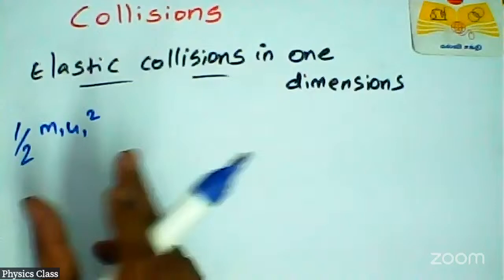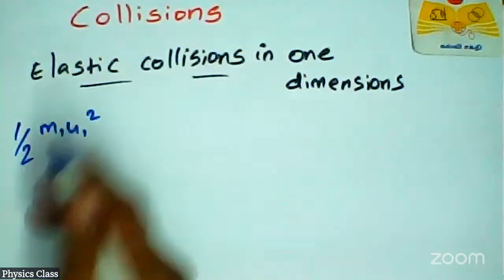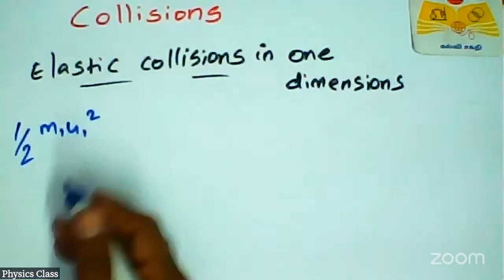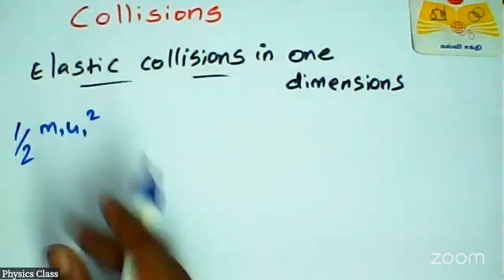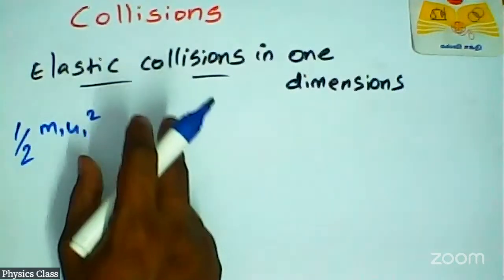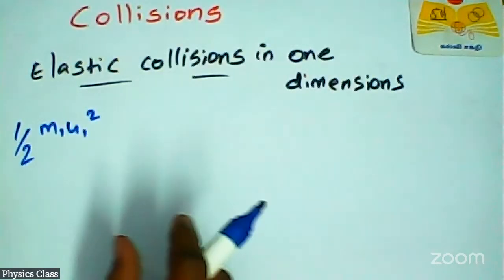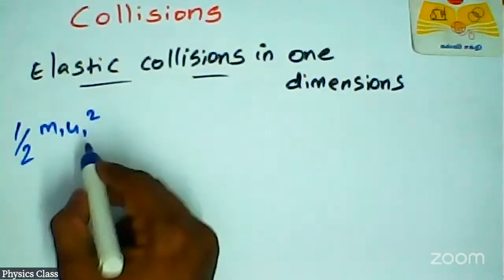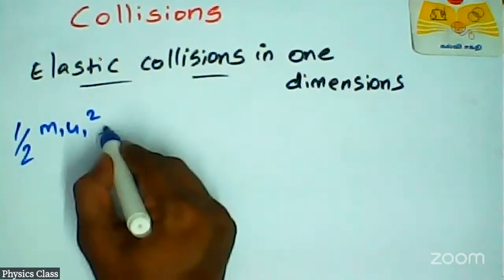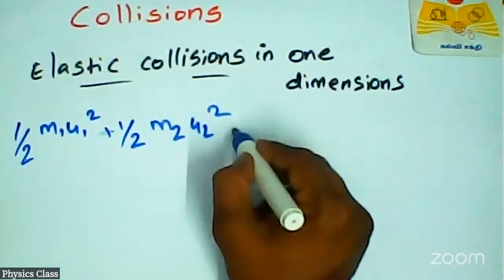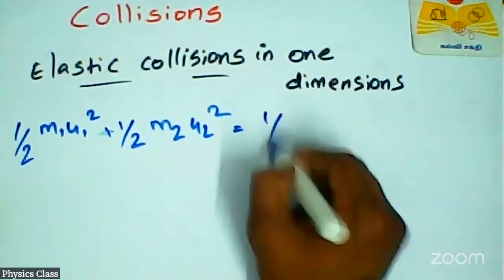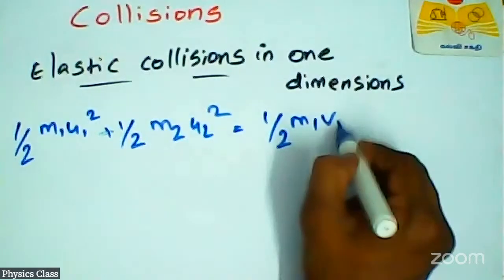So kinetic energy is added, and momentum is added, for the calculations, because for a collision you need two objects. So half m1 u1 squared plus half m2 u2 squared before collision is equal to the total after collision.